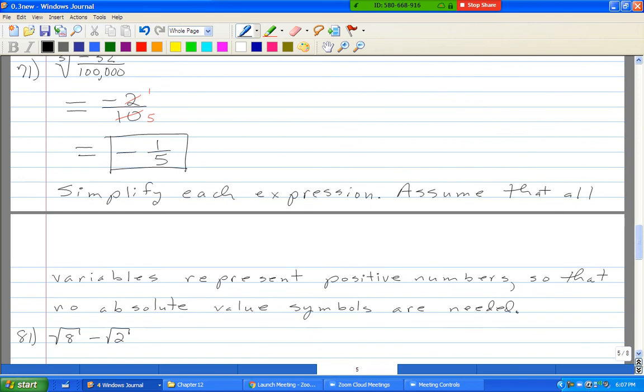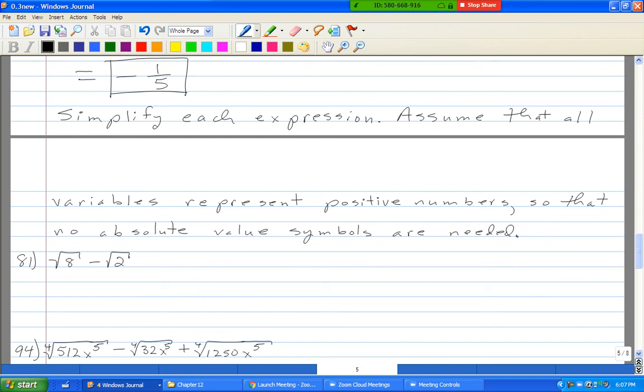Simplify each expression. Assume that all variables represent positive numbers so that no absolute value symbols are needed. Well, if you notice here, I have the square root of 8 minus the square root of 2. Neither of these are like terms, so I can't combine them unless I simplify this.